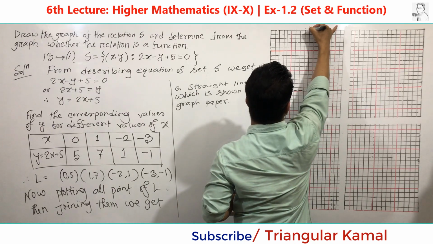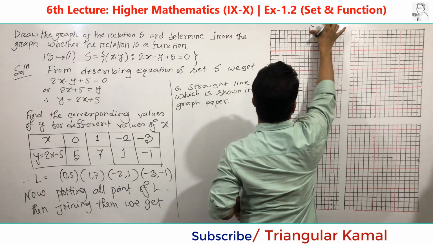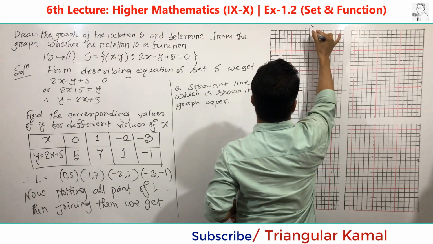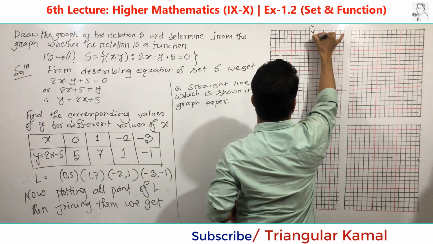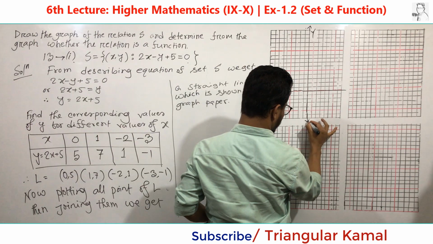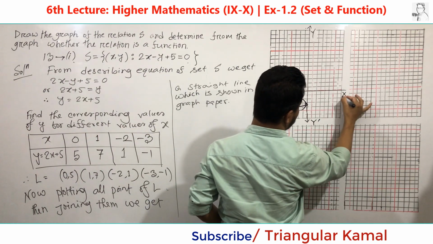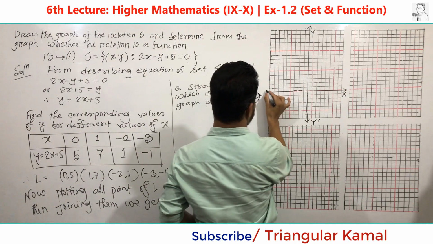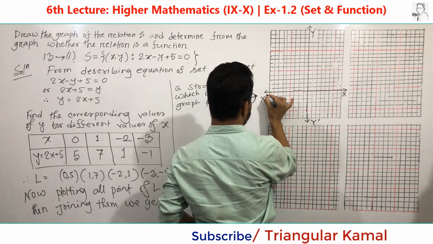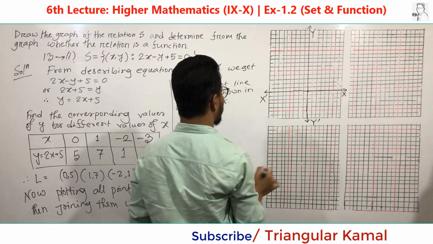We can write here the positive side of y with an arrow, and this one is the negative side of y. This right side is the positive side of x, and this left side is the negative side of x, and this is called the origin, the intersecting point.